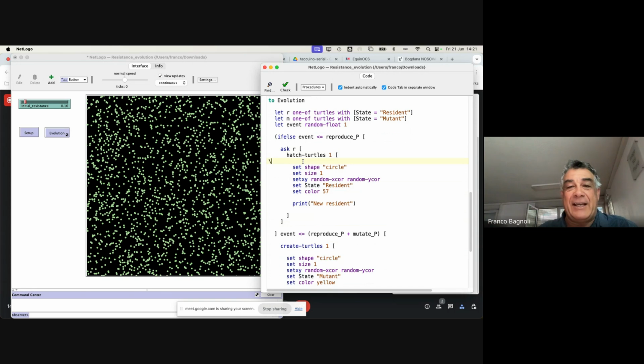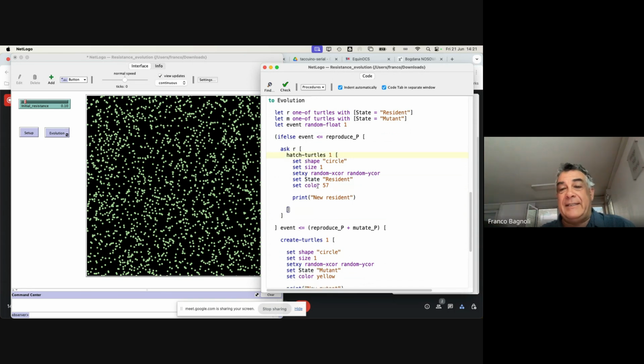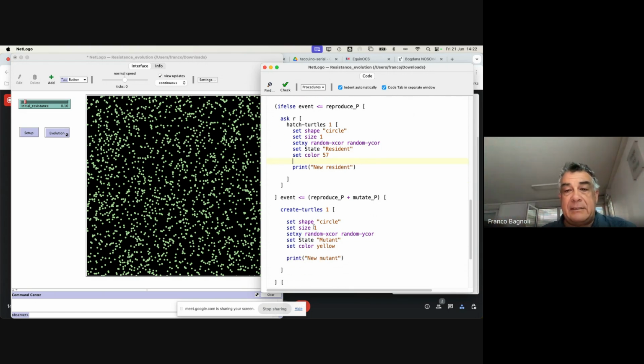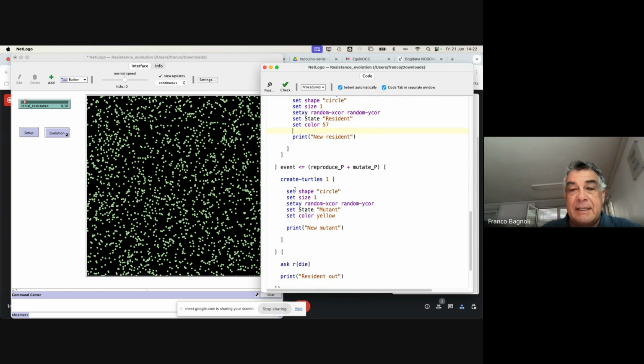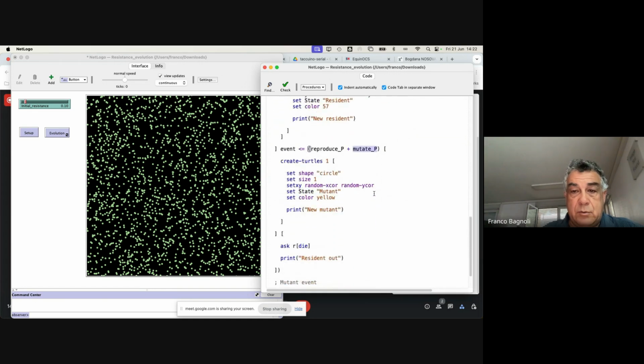Okay, so in this case, we could, for instance, also add a genotype to these animals. But maybe it's a little bit complex. Let's finish this and then we may play eventually. And eventually, with another probability, mutate. So you create one turtle, set shape circle, and so on.